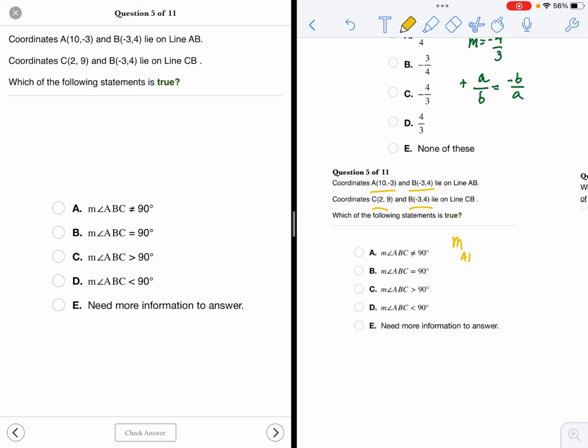Quickly finding the slope of AB, I would get negative 3 minus 4 over 10 plus 3, so negative 7 over 13. Slope of CB would be 9 minus 4 over 2 plus 3. So I'm going to get 5 over 5, which is 1.